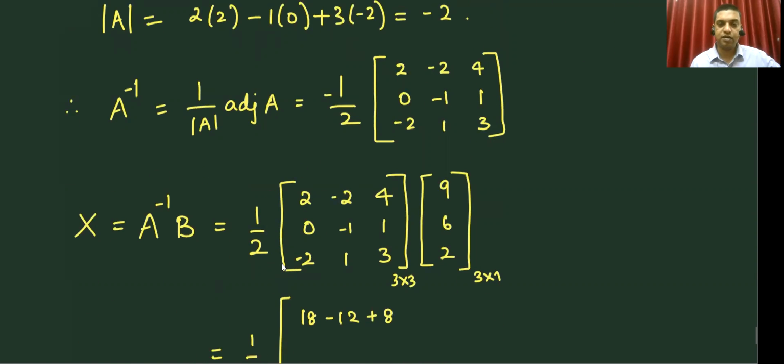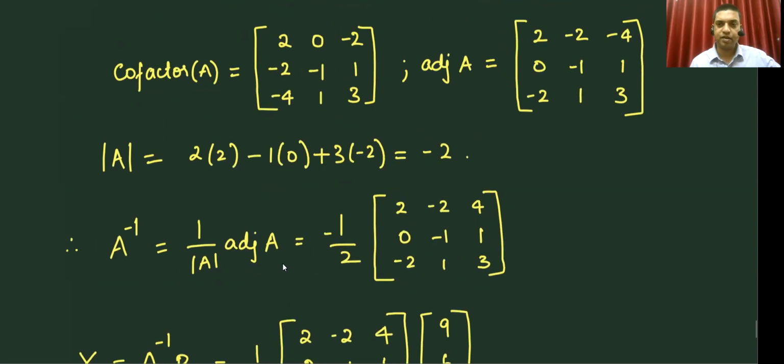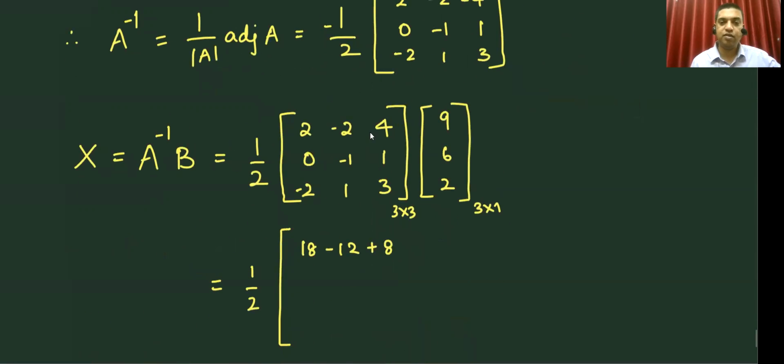Just a second. There's a minus sign. I'm sorry. Adjoint: 2 minus 2 minus 4, 0 minus 1 1, minus 2 1 3. One minus sign can make a lot of difference.